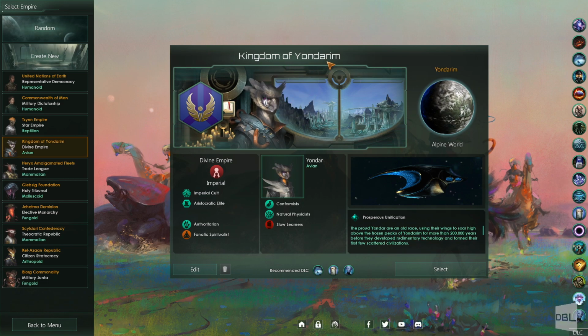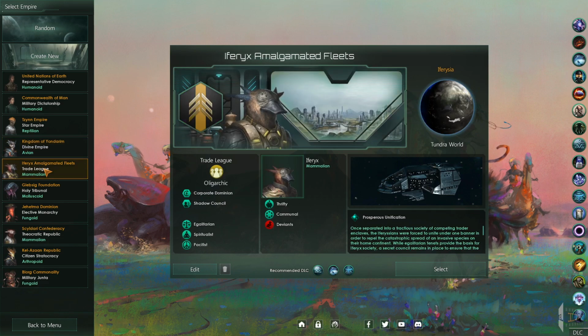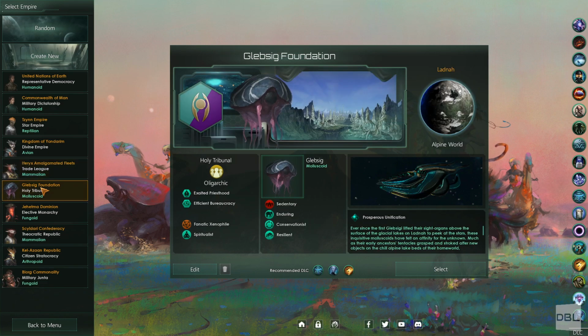Kingdom of Yondarim. This is the second species that has two eyes on one side. It says Yirak, male. Oh, look, Argent. They're avians. It's kind of a cool symbol. I'm going to go quickly through and look at their different icons. I'm not really a big fan of that one.